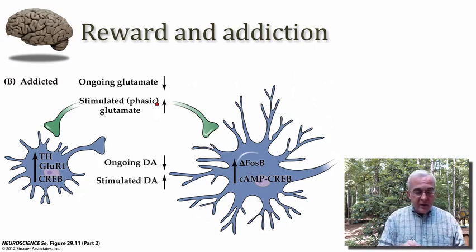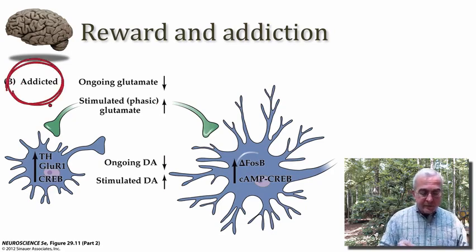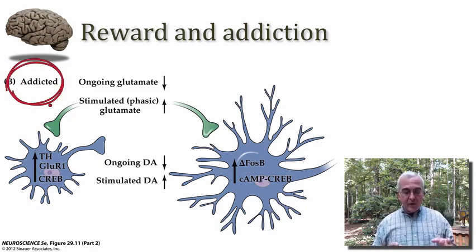So when this system becomes addicted, what we find are molecular changes within the neurons of the ventral tegmental area and the nucleus accumbens. There's plasticity of synaptic connections. There's very likely structural change in the distribution of synaptic terminals and the structure and distribution of the dendritic arbors as well.